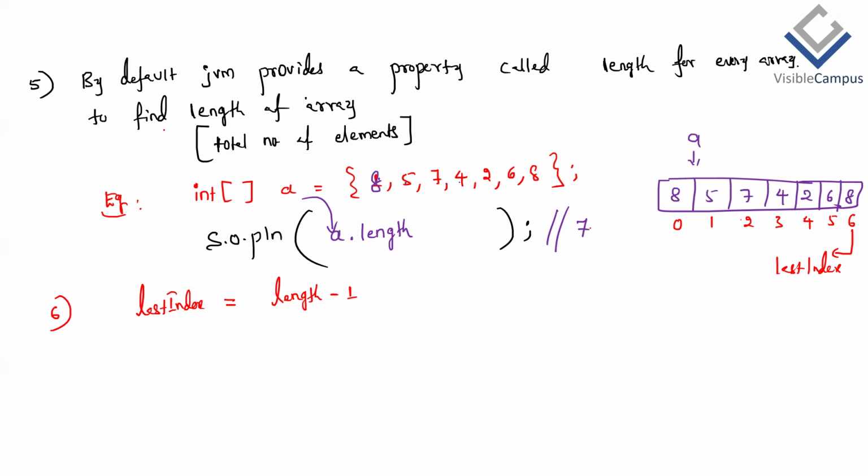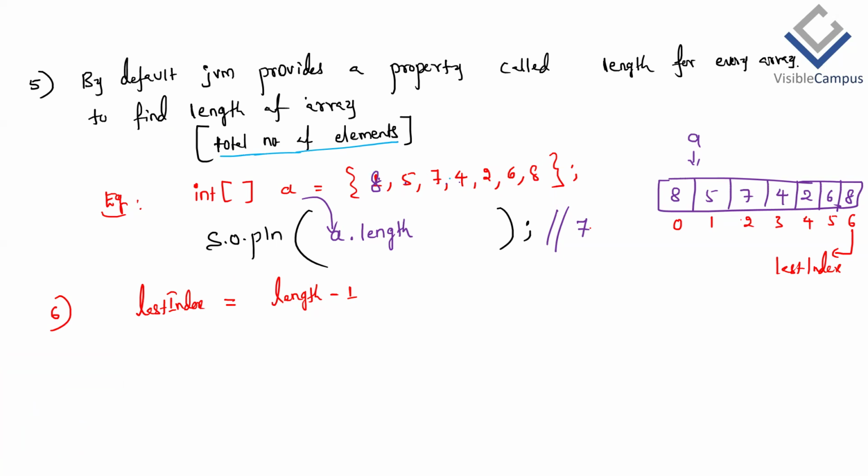Am I clear, or any questions? Sir, the length should come as 6, no? But how 7, sir? What is the meaning of length? Total number of elements. How do we count it?